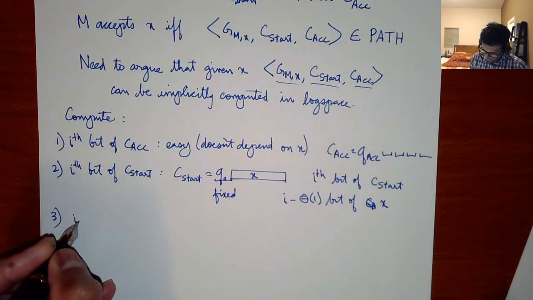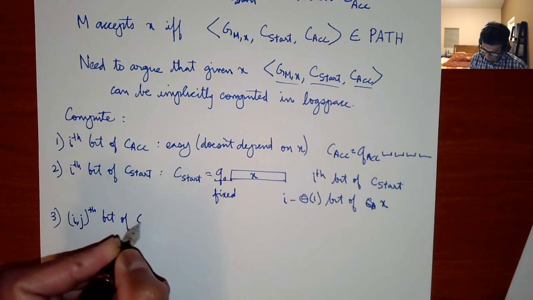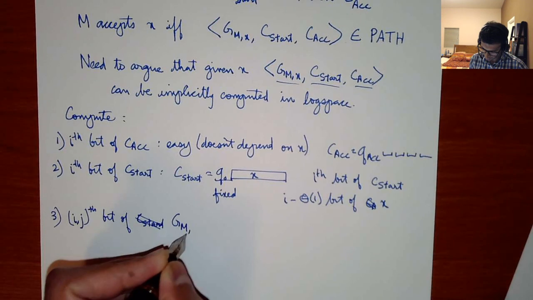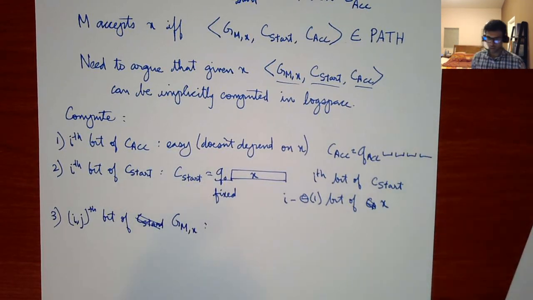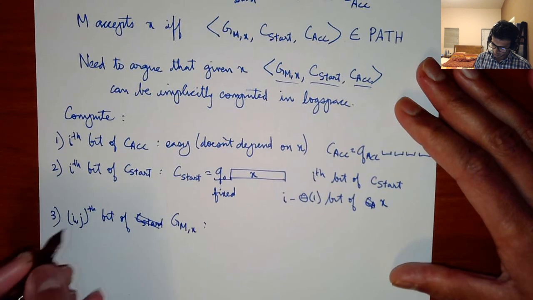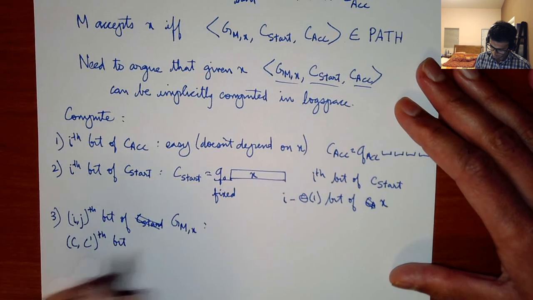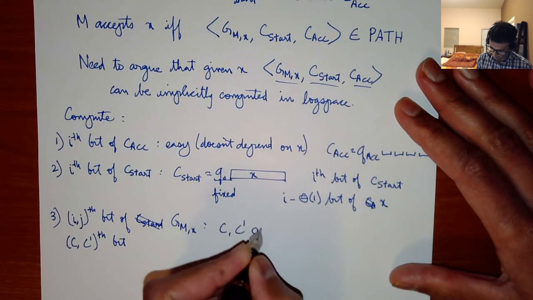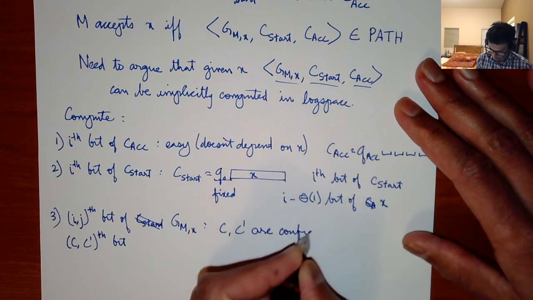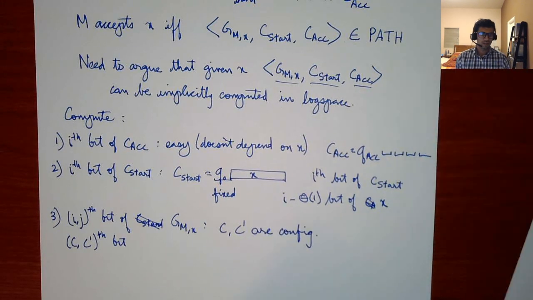So the ijth bit of GMX. Okay, so this is important. What does this mean? Instead of ij, let me call it the C, C prime bit. C and C prime are configurations.